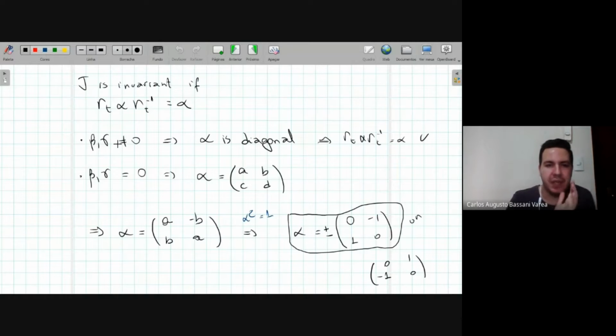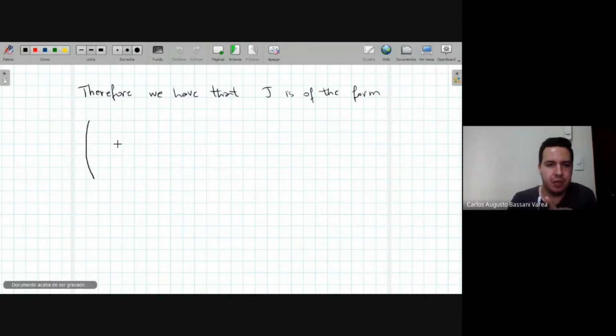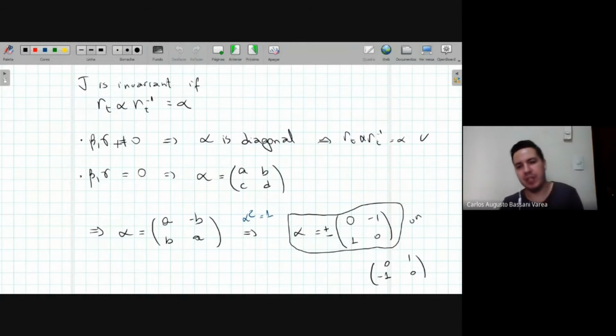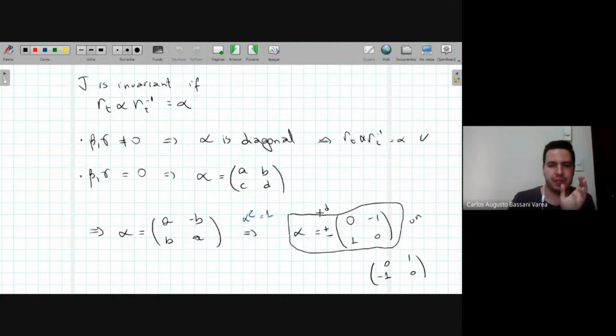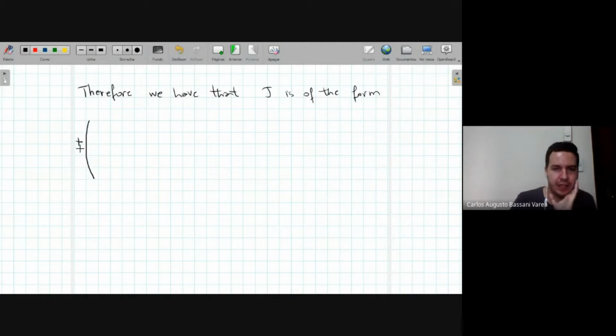When beta and gamma are 0, alpha must be plus or minus this guy here, so it will appear here plus or minus 0, minus 1, 1, 0. Beta is 0, gamma is 0. And here appears minus the transpose, which will be the same guy here.